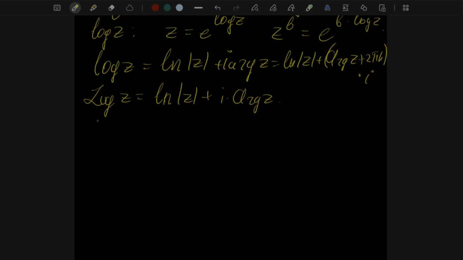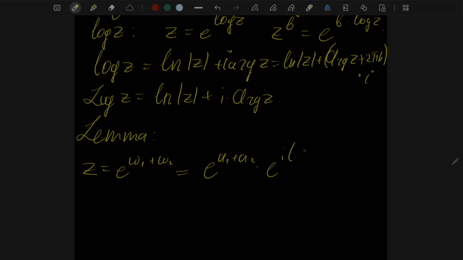Let's write down a lemma. That is e to the power of omega 1 plus omega 2, that are both complex numbers, can be expressed as e to the power a1 plus a2 multiplied by e to the i b1 plus b2.